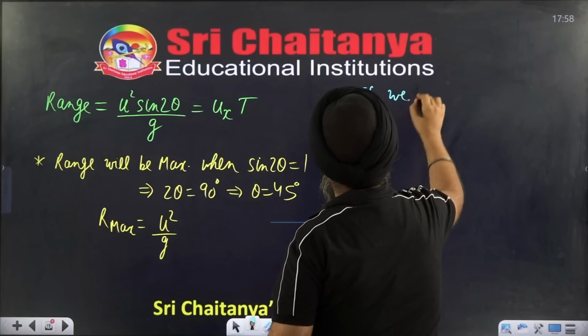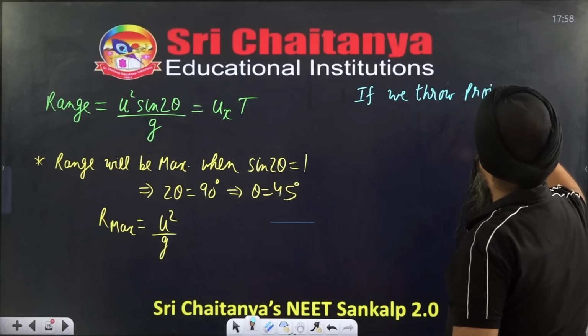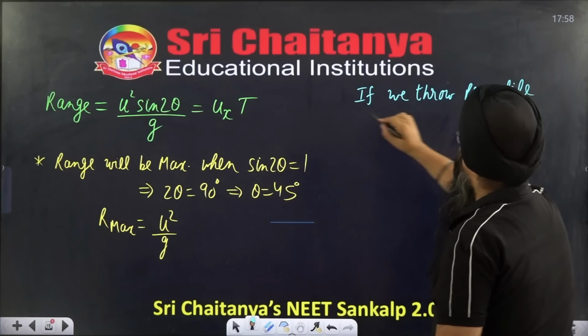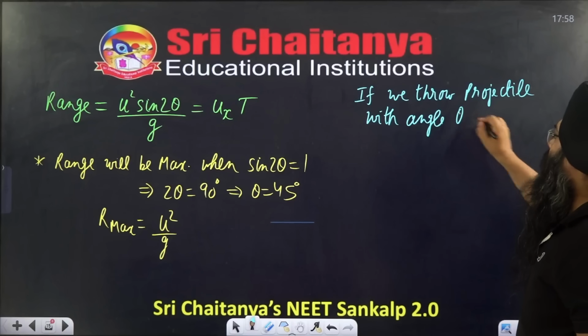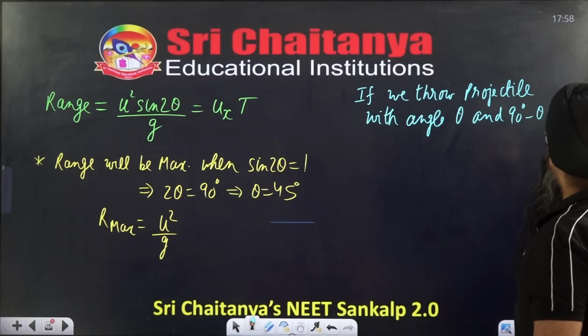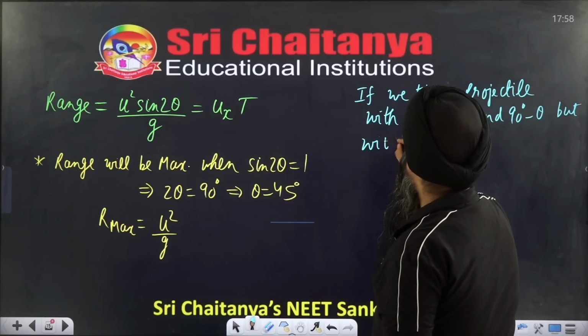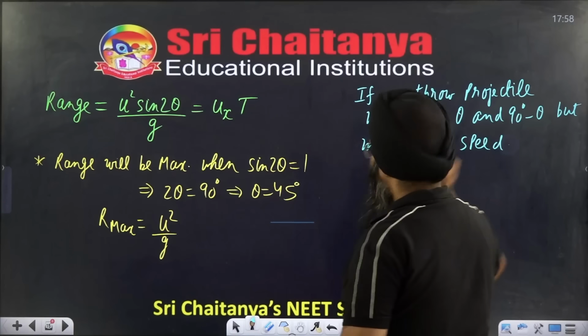One more important point which you must know in this case: if we throw a projectile with angle theta and 90 minus theta, but with the same speed, what do I mean by this?